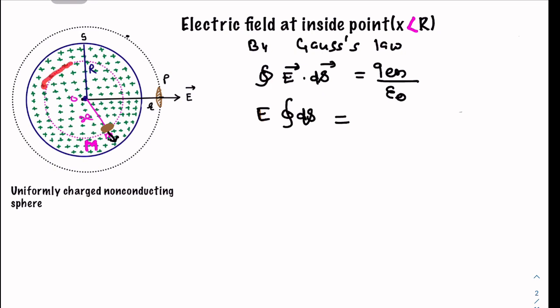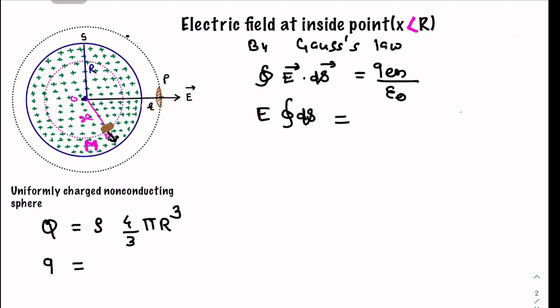But what charge is enclosed by this Gaussian sphere? Now remember that this is a uniform distribution of charge. Therefore, for total charge Q, the density is rho and the original sphere volume is 4 by 3 pi r cube. Now consider small q as the charge enclosed by this Gaussian sphere.